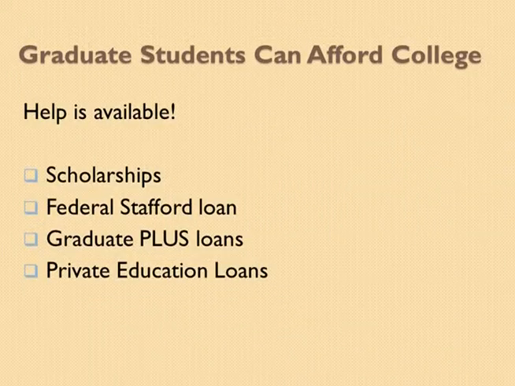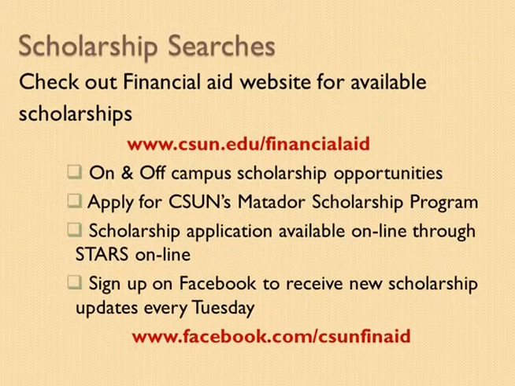So I'm here to tell you that graduate students can afford college, and there is help available in the form of scholarships, federal student loans such as the Stafford loans and the Graduate Plus loans, and private education loans. And as we go through this presentation, we will talk a little in depth about each of those programs. So let's start with scholarships.